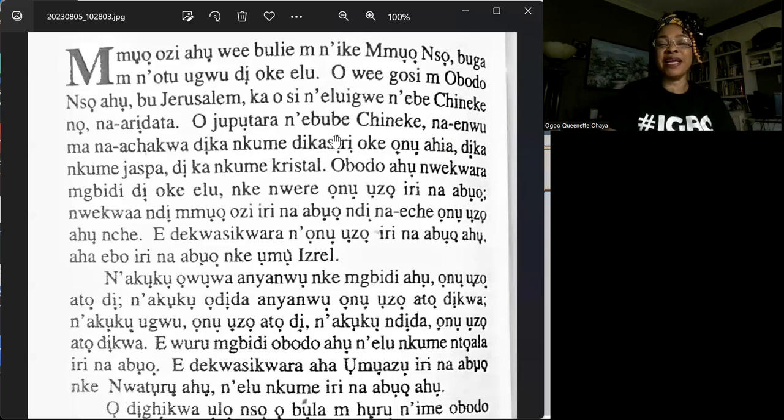So, o jupụtara means it's filled or is full of, okay? When you say, kedu onye ma ihe wee ebube Chineke? I said it before. Gịnị wee, Emeka, gịnị wee ebube Chineke? Emeka ọha ma ihe wee ebube Chineke.